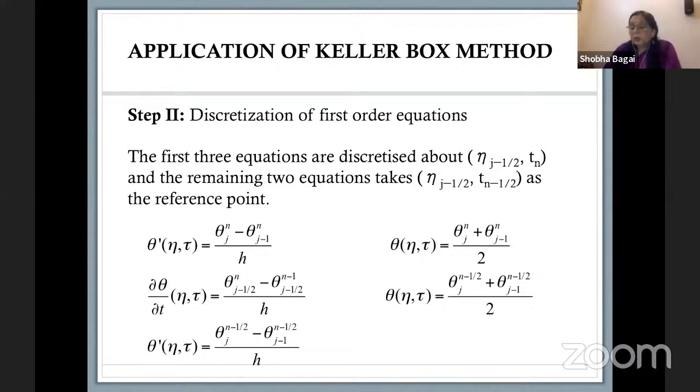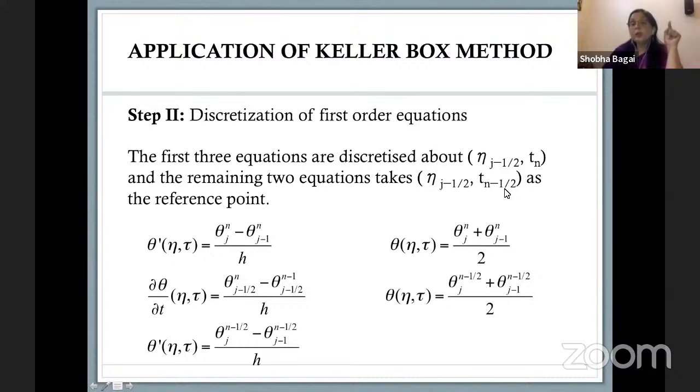Now the difference equations are formulated at the midpoint of that rectangular element that you had in the mesh, right? In this case, since the functions are now functions of eta and t, you have j minus 1/2 and n minus half.